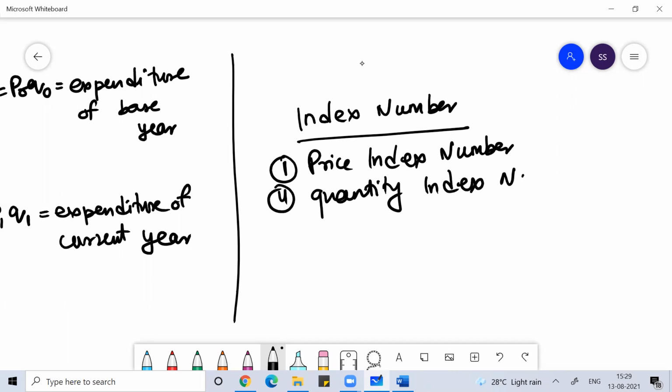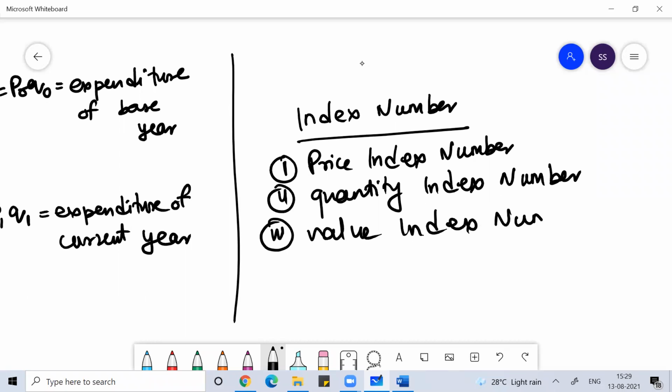We have price index number, then we have quantity index number, and then we have value index number. When we talk about price index number: generally, if nothing is mentioned in the problem, you get a certain set of data and they expect you to do some kind of calculation, then always understand that, knowingly or unknowingly, by default we always use price index number only. That part you should be very clear with.